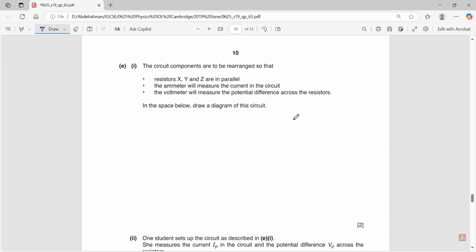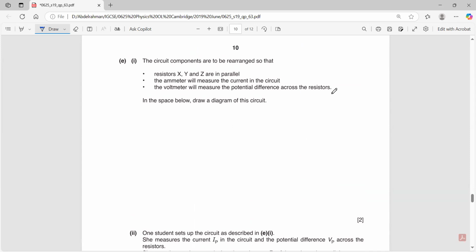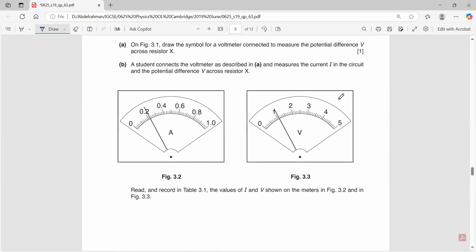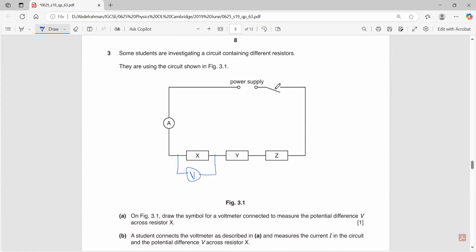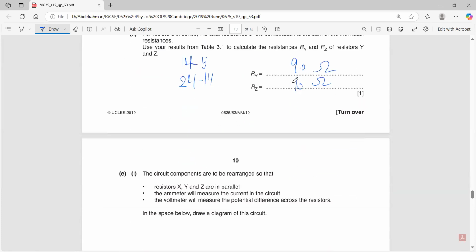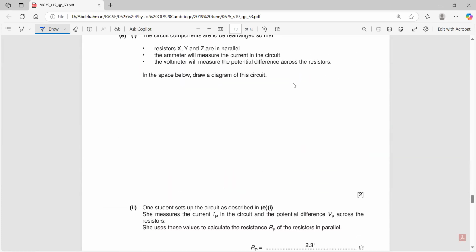Circuit components are to be rearranged so that resistors X, Y, and Z are in parallel. The ammeter measures the current. The voltmeter measures the potential difference across the resistors. So we need to rearrange them. Instead of them being in series, we need them to be in parallel. You have the power supply and the switch. Let's draw them.